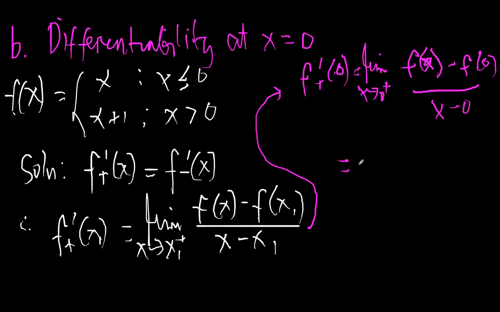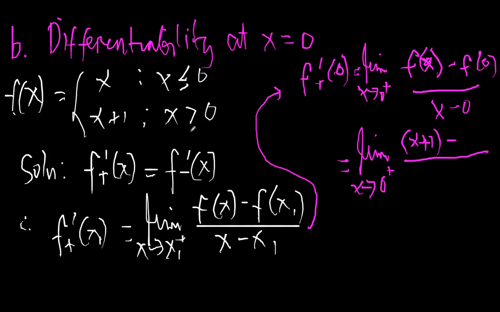Okay, so let's simplify. What is f of x? Since it's from the right, we're going to consider the positive values, or values of x from the right of 0. That's x plus 1.